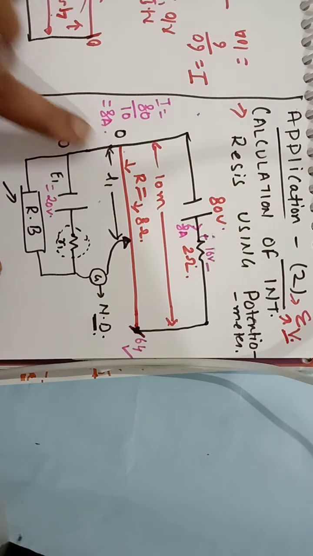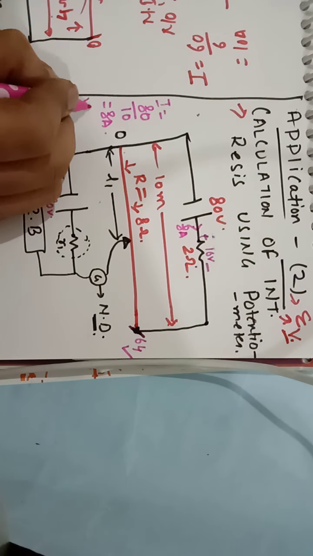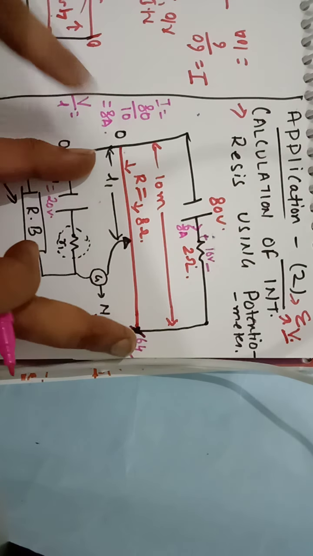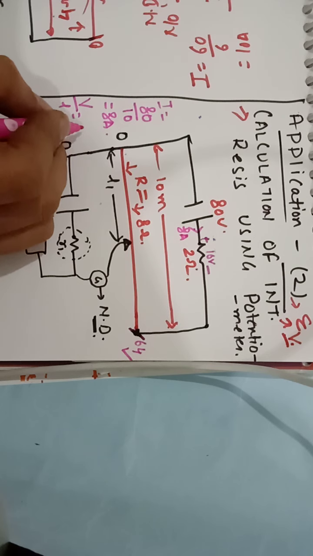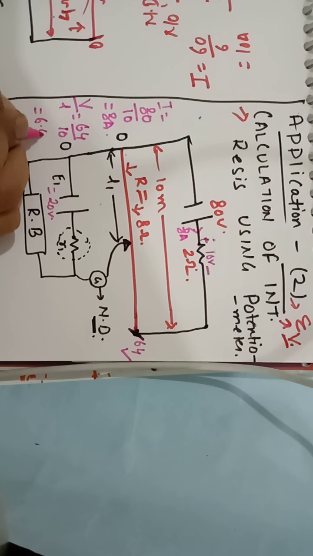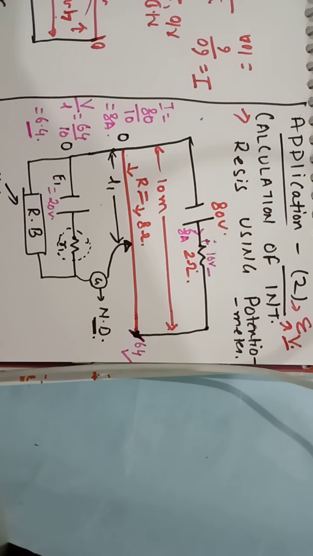This is 64 volt. What is the voltage gradient? V by L we can find now. V is the voltage across the wire, 64 minus 0 is 64, and what is the total length? It is 10. So the voltage gradient will be 6.4, right? We want to calculate this length L1.